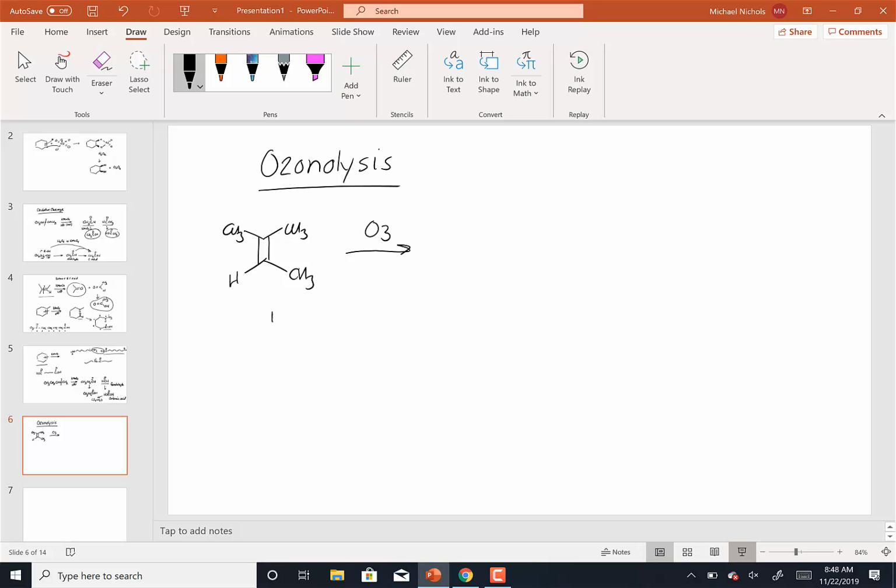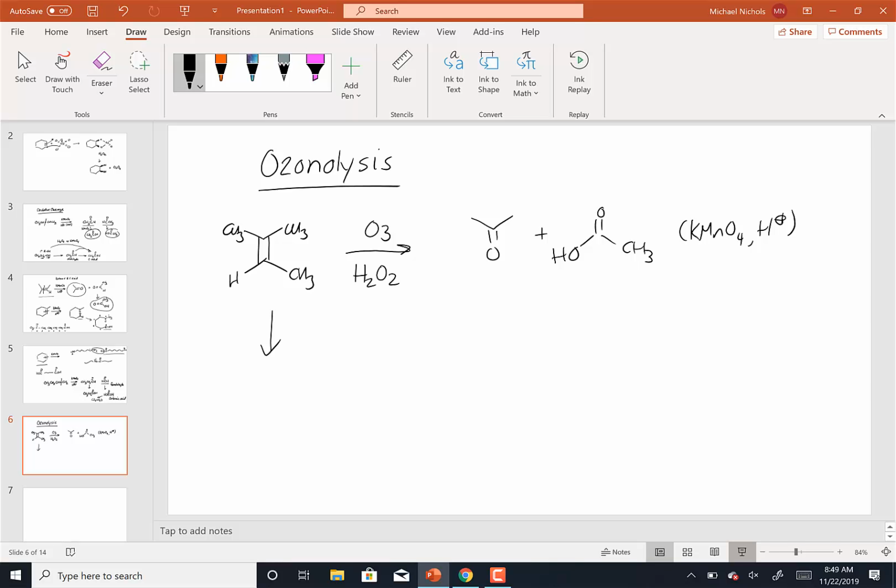So ozone is O3. And I have two ways to do ozonolysis. I can do ozonolysis with H2O2, which would give me the same final products as KMnO4 and acid.